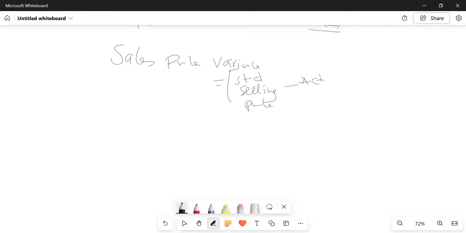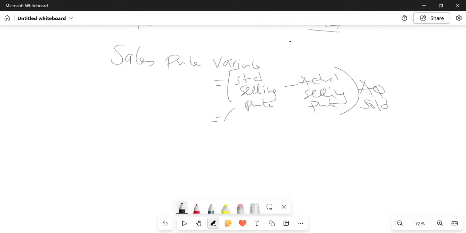minus actual selling price, multiplied by actual quantity. So in this entire question, are you able to see the standard selling price? 6,200.